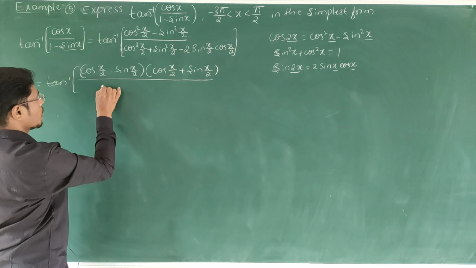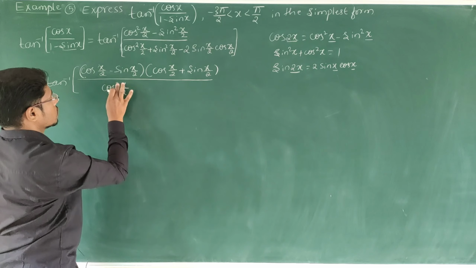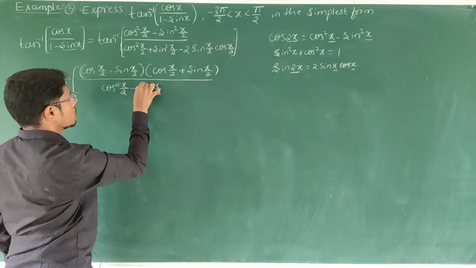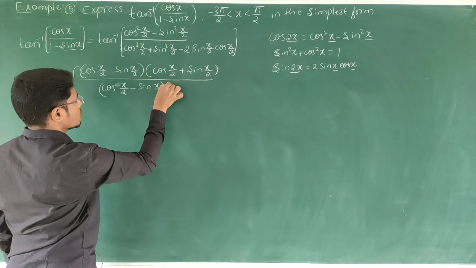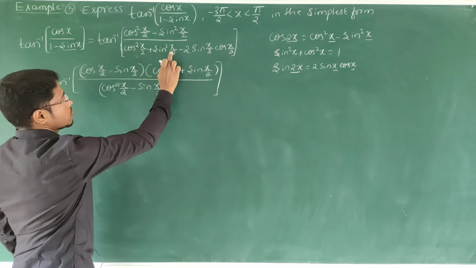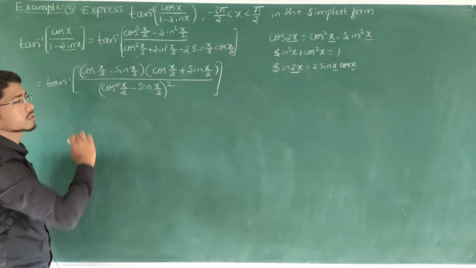So that is cos x by 2 minus sin x by 2 bracket square, see, a square plus b square minus 2a into b, so a minus b whole square.